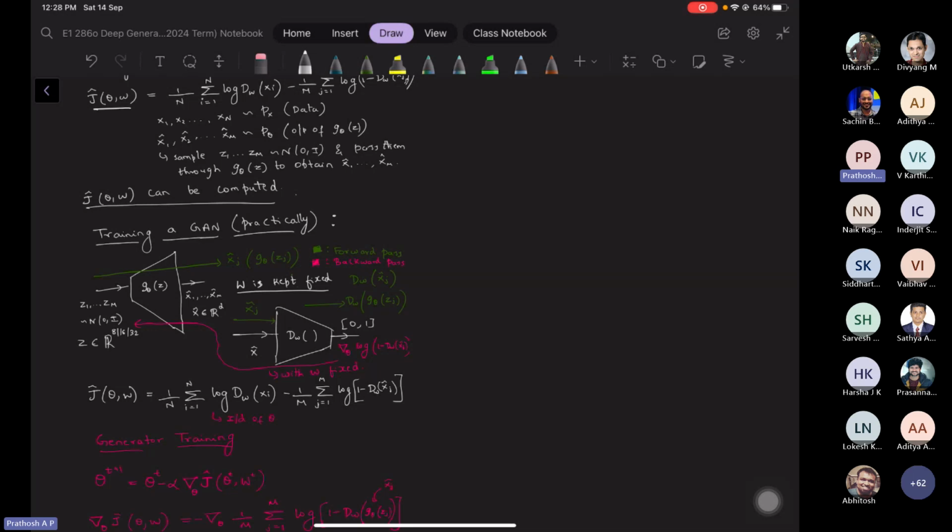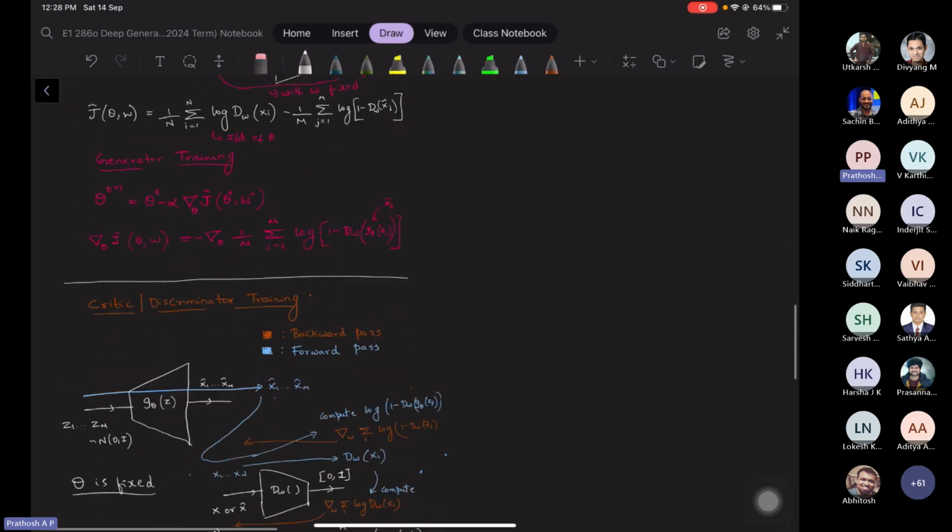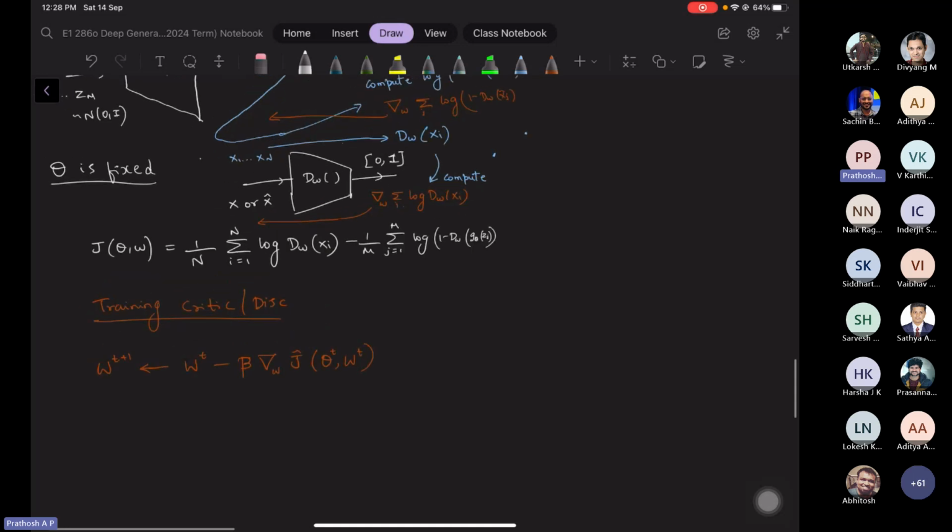You take any f-divergence, the exact same procedure holds. For this particular f, where your discriminator or critic network happens to be a classifier, there is another interpretation that one can give for this loss function. You can actually see these as classification losses. I'll start the next class with that.